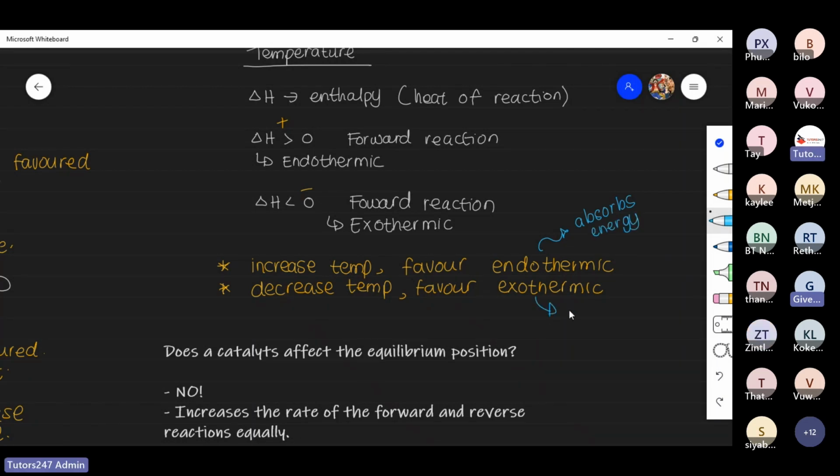And exothermic, it releases energy. Keep in mind, if you absorb energy, you're taking in all that hot energy and leaving behind cold energy. If you release energy, you're releasing hot energy, making it hotter.